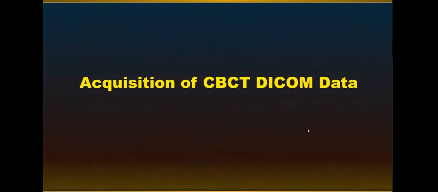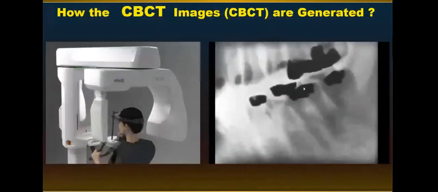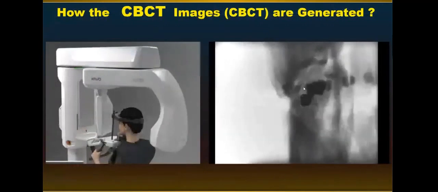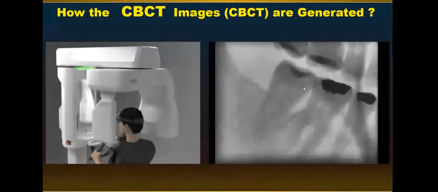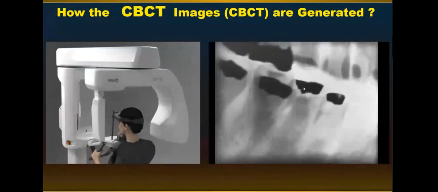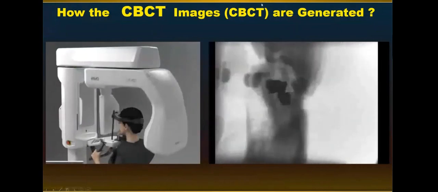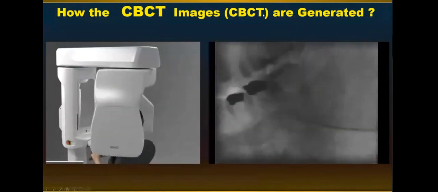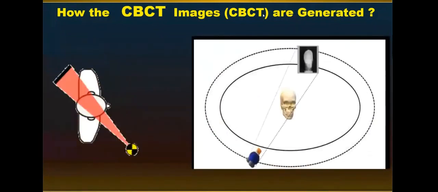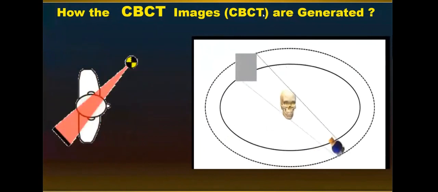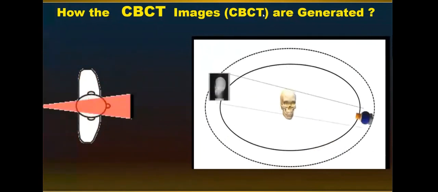So let's speak about the acquisition of the DICOM data, how the DICOM data of the patient is acquired. Here the CBCT machine is rotating 360 degrees around the patient's head, and you can see how the acquisition is made. It's a pulsed exposure, not a continuous exposure. Each pulse is recorded as an image similar to a 2D image.